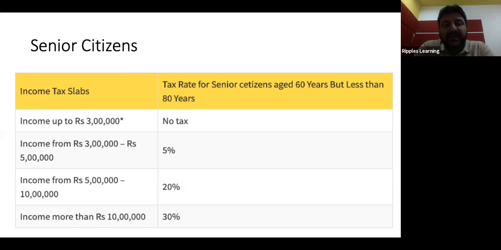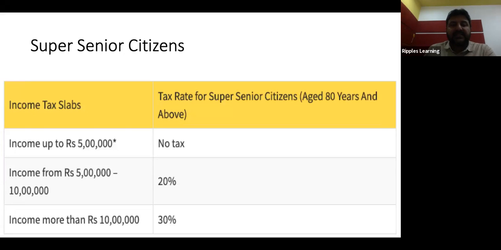So everything is the same. The only thing that changes is that instead of 0 to 2.5 being nil tax, here it is 0 to 3. And for super senior citizens, which are 80 and above, 0 to 5 is nil, 5 to 10 is 20%, and 10 and above is 30%, right?